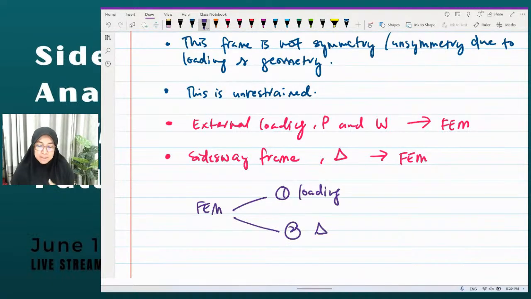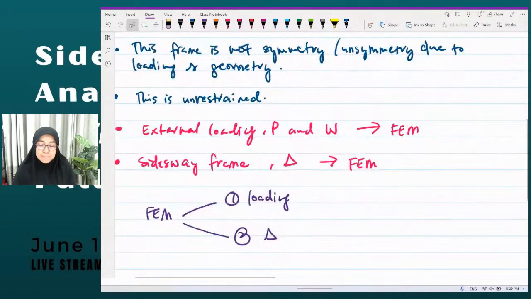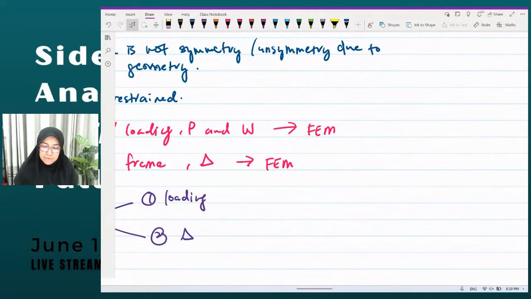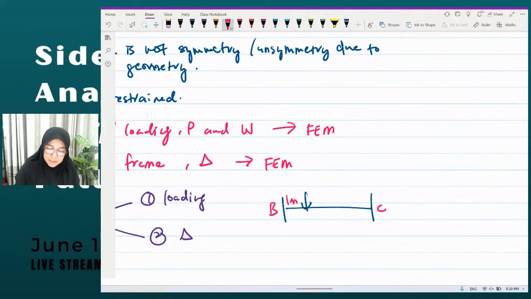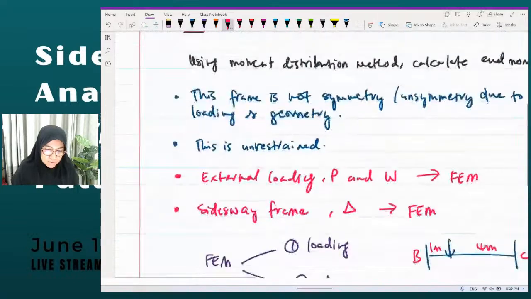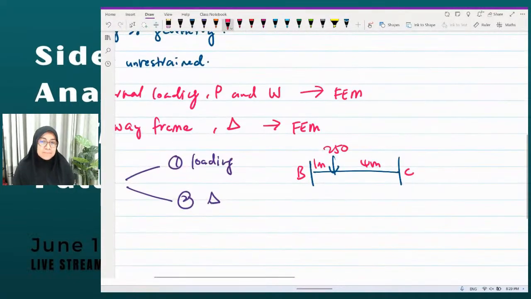For FEM due to loading, if we have B, C, 1 meter, 4 meter, 250, so this is FEM due to loading.